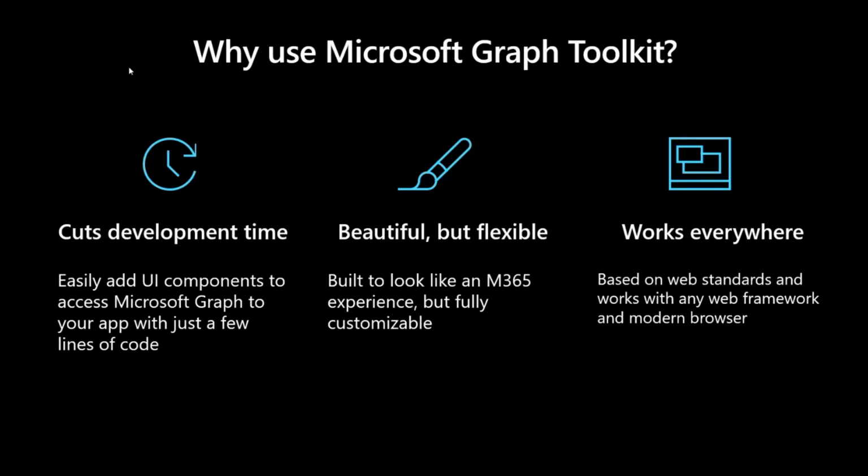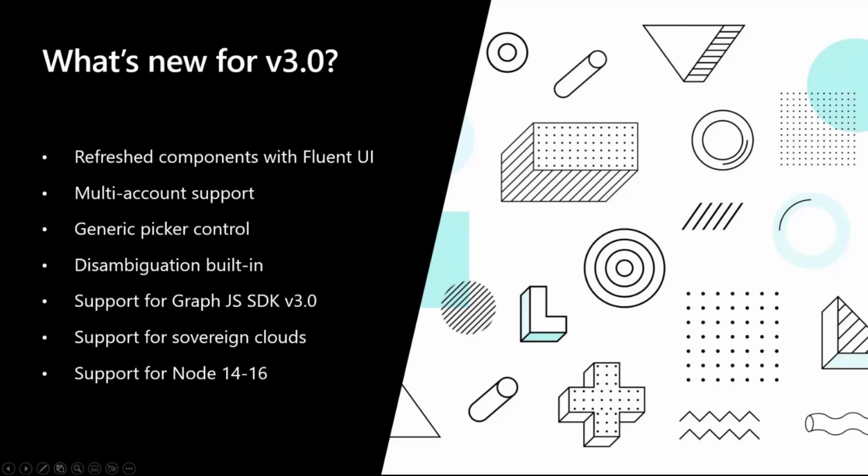Let's dive in and talk about what we're going to get with version 3 of the Graph Toolkit. First of all, we're going to get a fully refreshed set of components. All of our components are currently being built with Fluent UI in mind. For a very long time, we have been pretending to be M365 components because there were no alternatives for the technology that we're using.